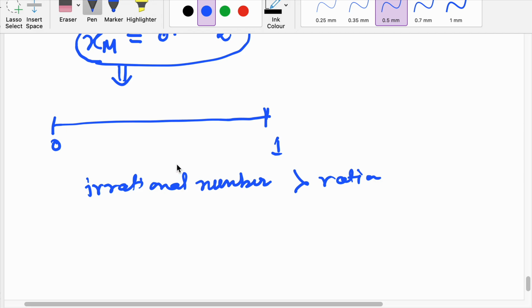So if the present state that you are measuring, you want to represent by a number, and I randomly take a point from this 0 to 1, the probability is 1 that you will get an irrational number.